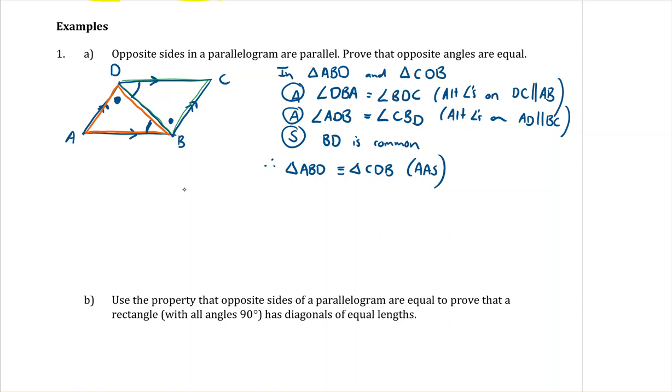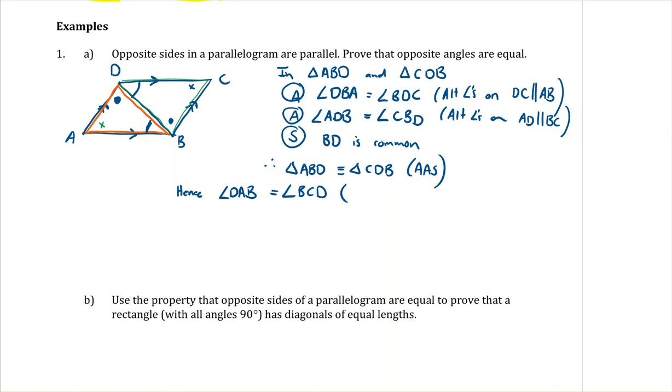So I can now say, hence, because of my congruent triangles, angle DAB, which is this one down here, DAB is going to be equal to angle BCD, which is this one up here, because they are corresponding angles in congruent triangles.